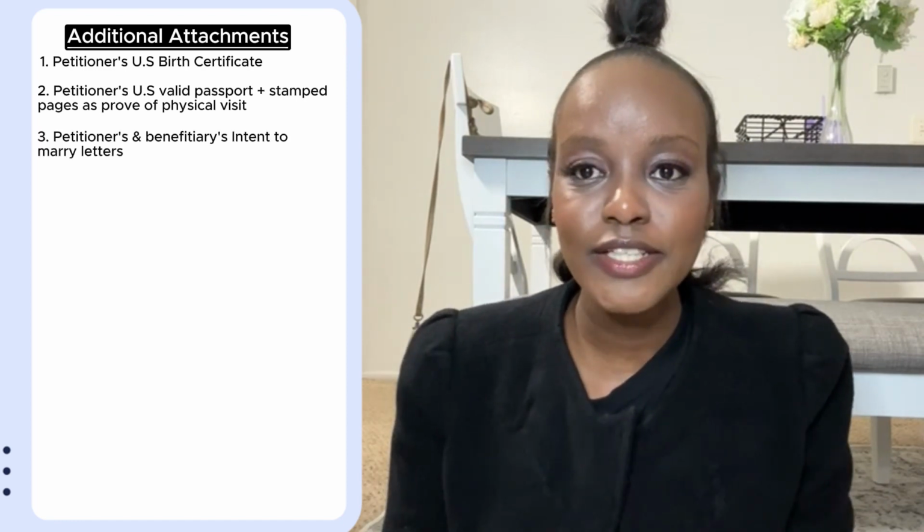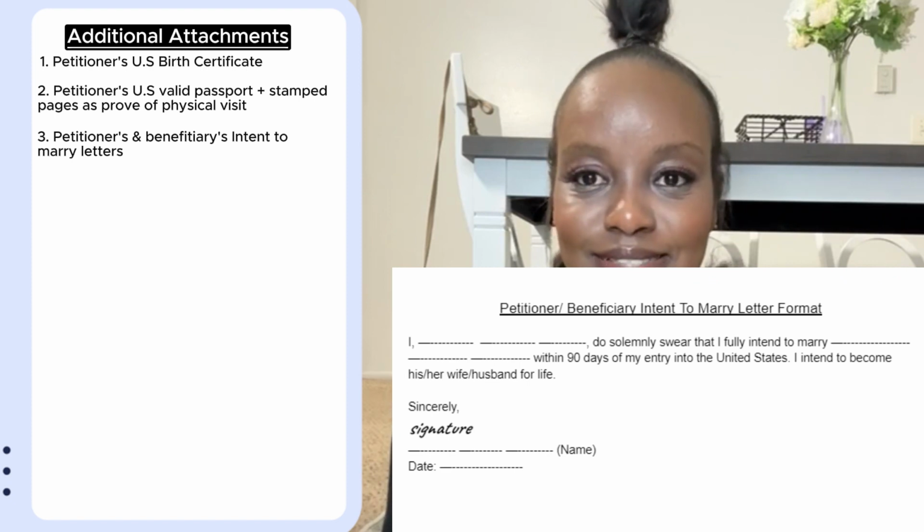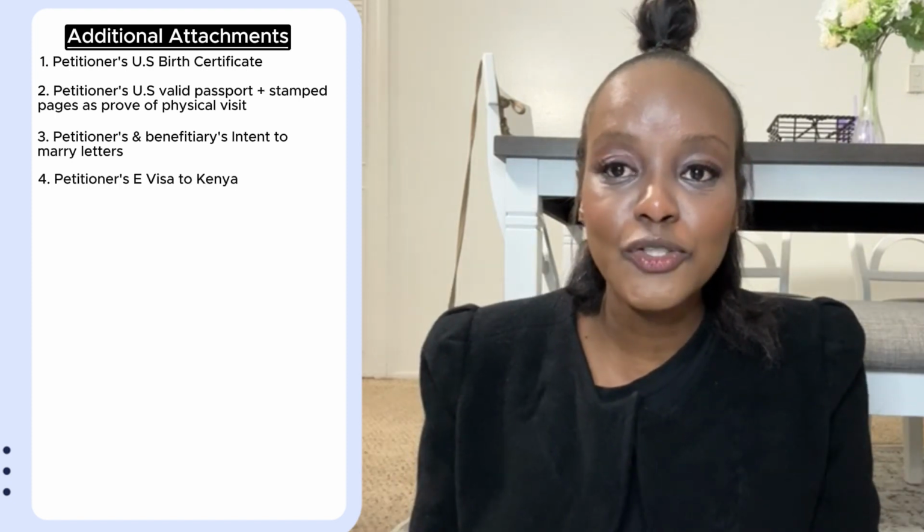We also filled out and printed out the G-1145 form. Here are other important documents that we submitted together with our I-129F and our G-1145: the petitioner's US birth certificate, the petitioner's valid passport, our intent to marry letters, and the petitioner's e-visa to Kenya.